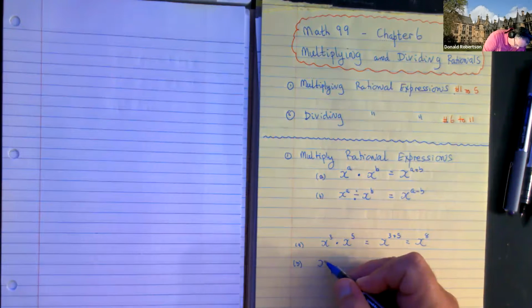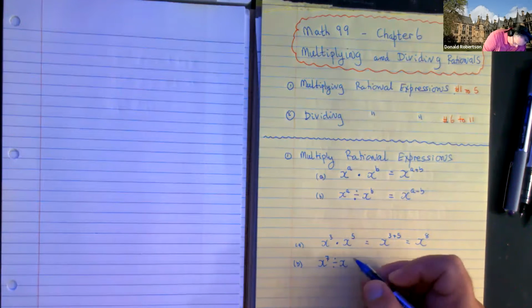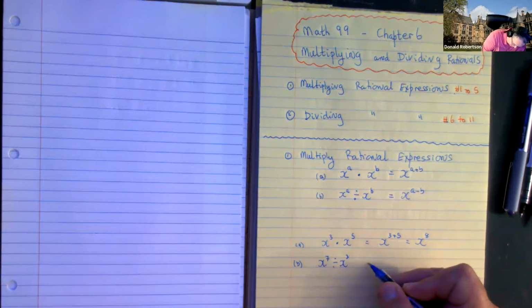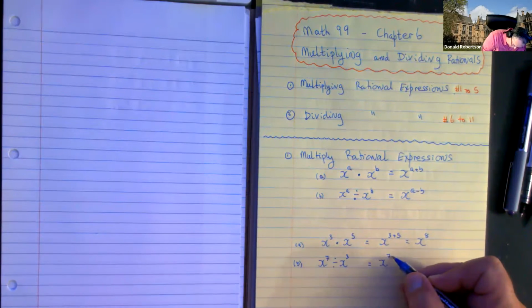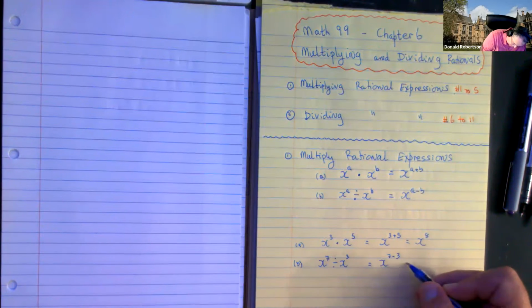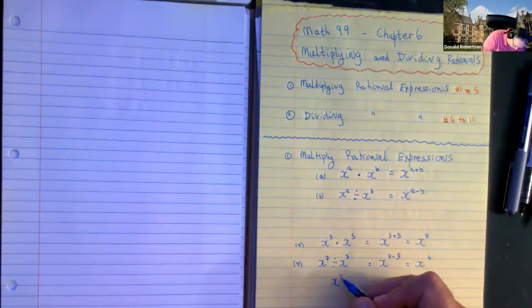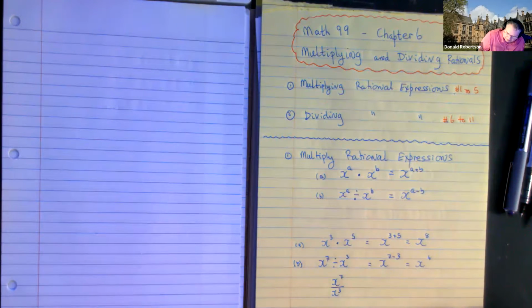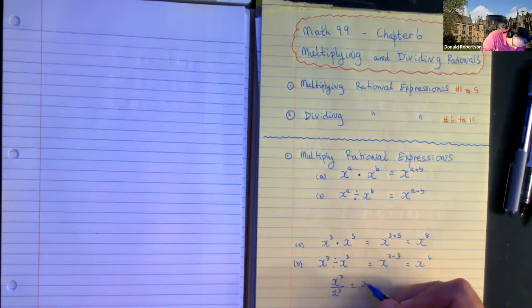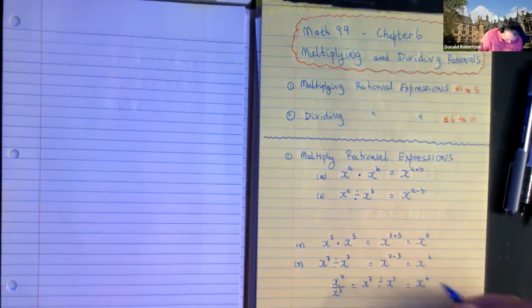If you had x to the 7 and you divided it by, let's say, x cubed, the answer you would get is 7, the first one, take away 3, the second one, and that would be x to the 4. Division can be written in two distinctly different ways. You can also write it as a fraction, which is equivalent to the numerator divided by the denominator, and so the answer would still be x to the 4.